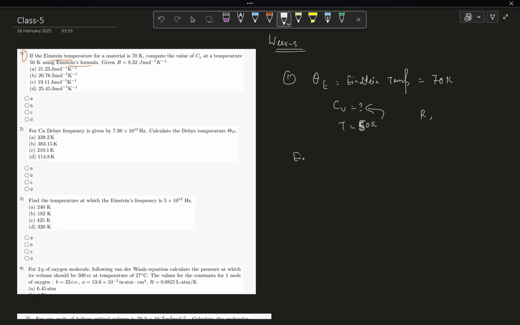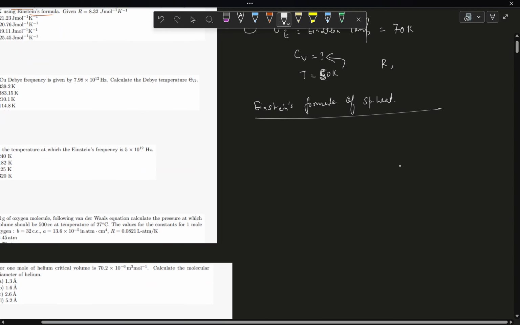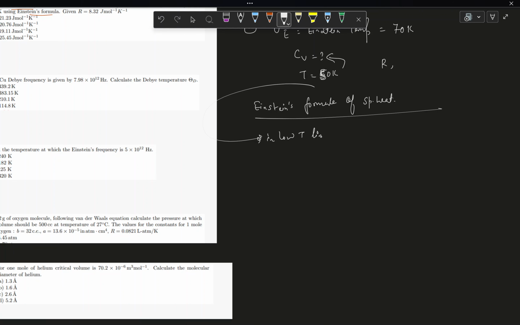First of all you have to use the Einstein's formula of specific heat. By 50 Kelvin you assume that you are in the low temperature limit. Just like Debye theory, Einstein's formula also has a high and low temperature limit. At the high temperature limit it behaves like the classical Dulong-Petit law, but for the low temperature limit its behavior is different, simplified to have an exponential dependence.